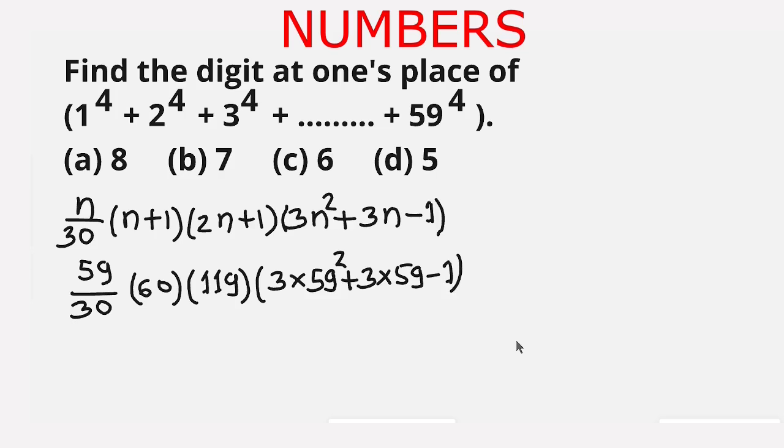Now we can easily find the unit digit. We divide 60 by 30, and 30 times 2 is 60. Now we can easily find the unit digits.